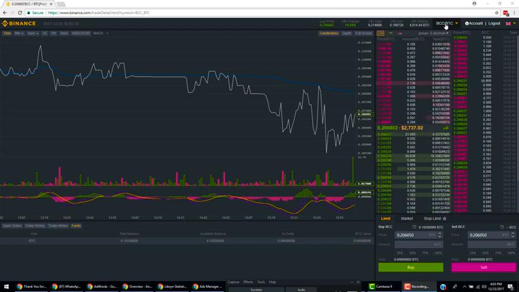Now that we're in this pair, you can see Buy Bitcoin Cash right there on the limit side, and you have 0.102 Bitcoin available to buy it with. First, let's go to the order price.